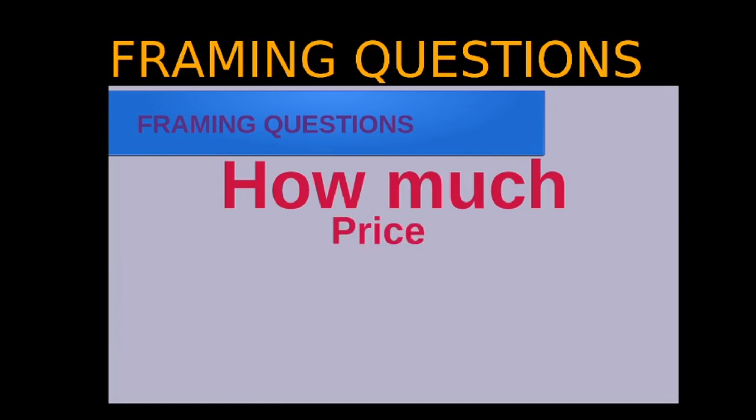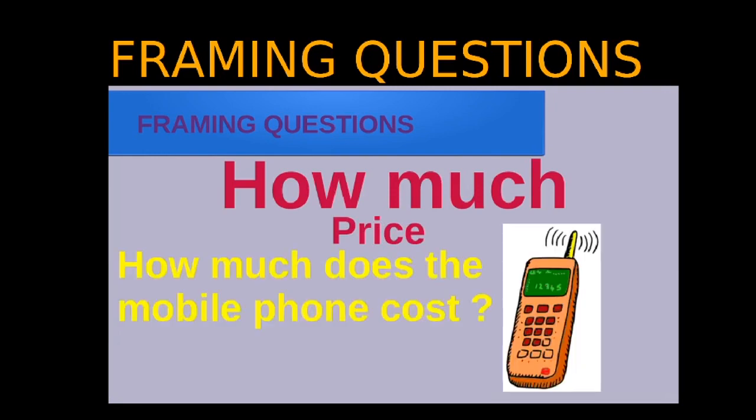Next one is how much for price. How much does the mobile phone cost? So the mobile phone cost tells you about its price. You may say it is 5,000 rupees, it is 10,000 rupees. So how much does the mobile phone cost?